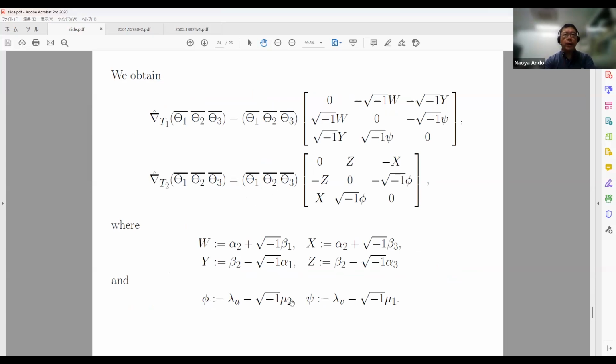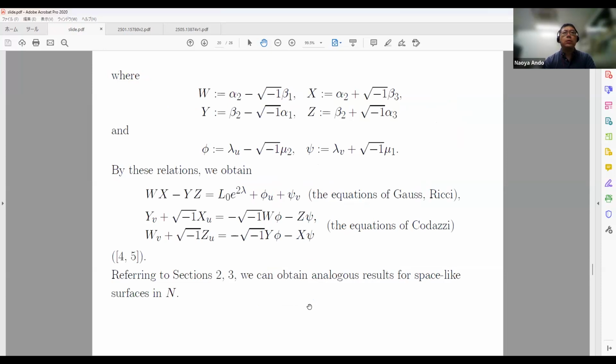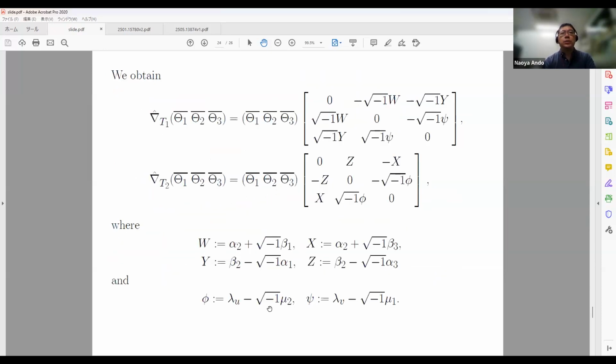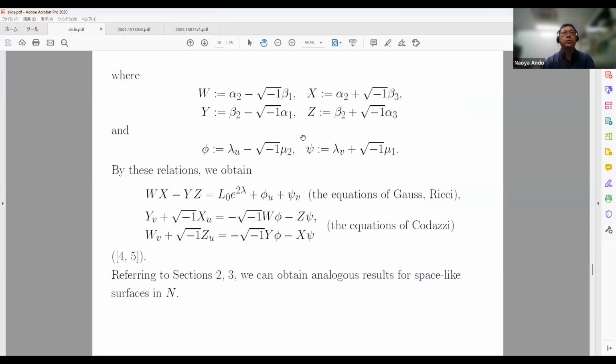Double X, Y, Z and phi, psi are given by these. Notice that these functions are not completely identical to these functions. For example, this double is given by alpha 2 minus the square root of minus 1 beta 1.